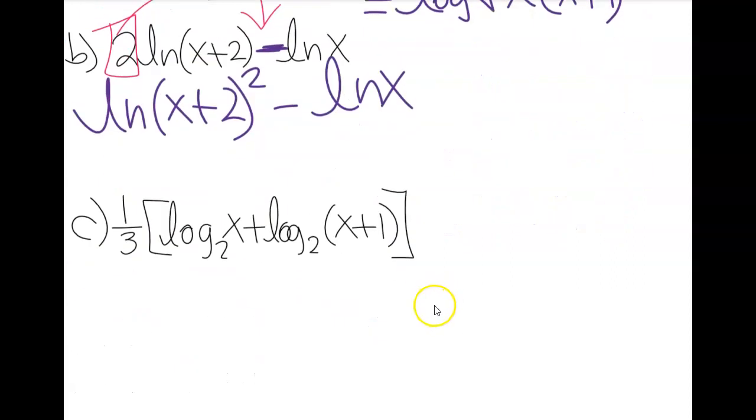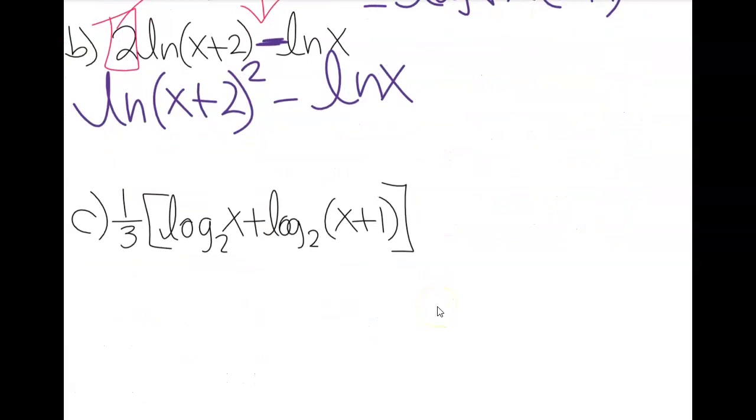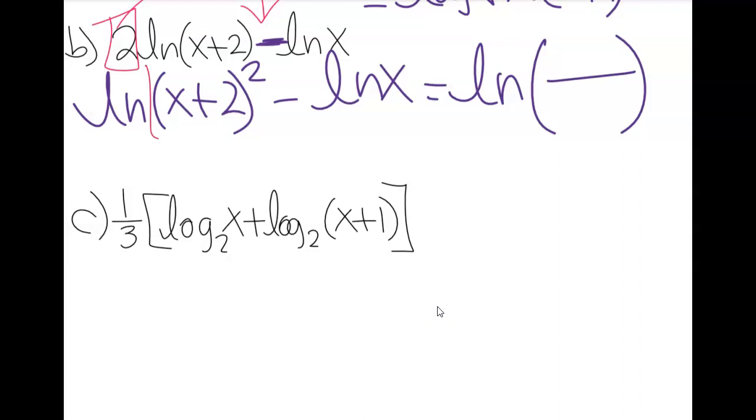So now the minus sign implies that you're going to have the log of a quotient. So the fraction that you're going to have is going to be the argument that is preceded by a positive sign or no sign, which denotes positive. It will be on the numerator. So x plus 2 squared.